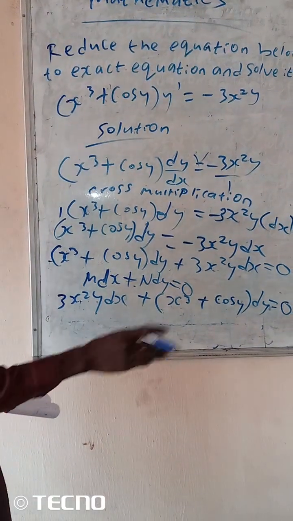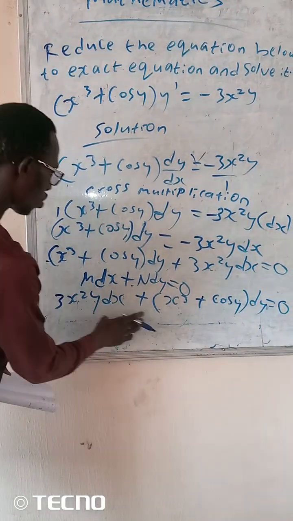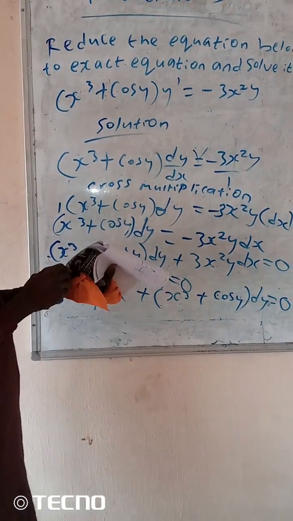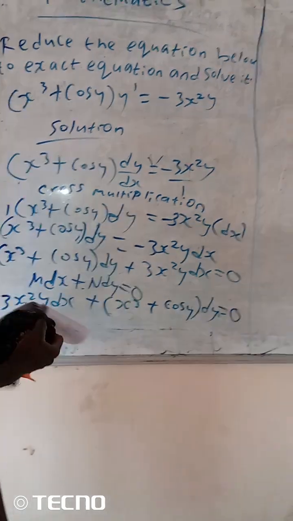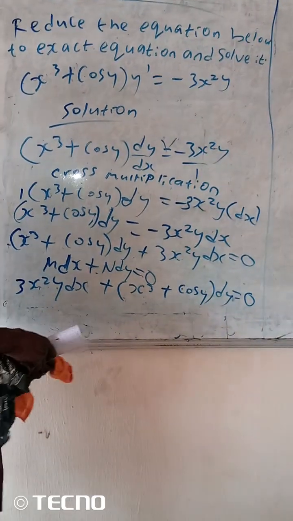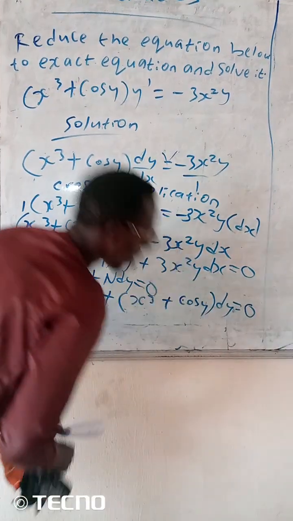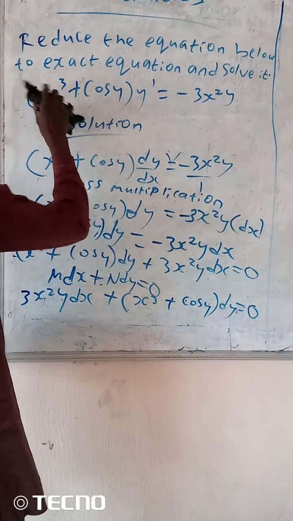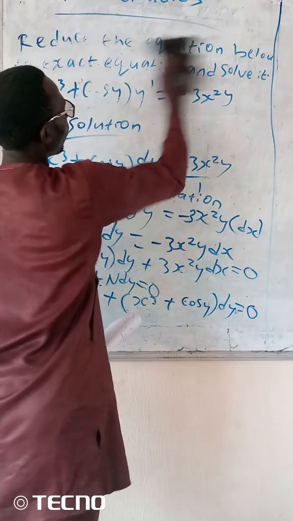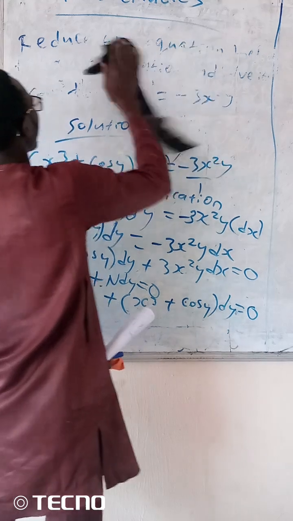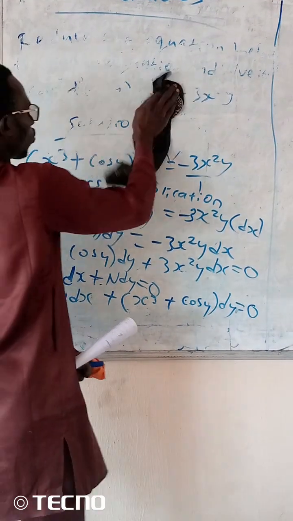So then we can change this part in the form of this. When we do that, you need to follow this step by step. So you are going to proceed further to solve the question.